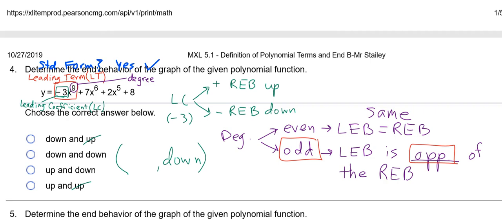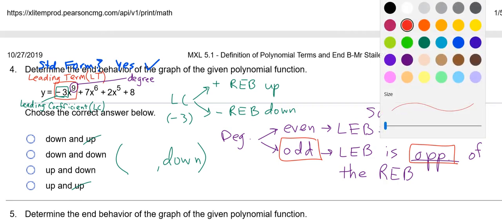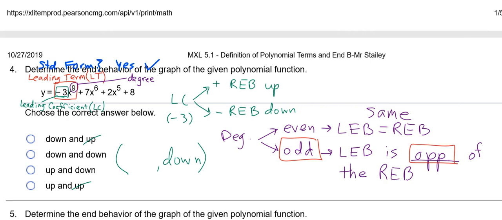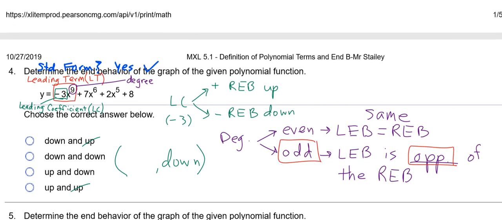Okay, so we have a 9th degree polynomial. Is that even or odd? That's in the odd category. So that means that the left end behavior is opposite of the right. We can make our choice out of the two remaining choices.